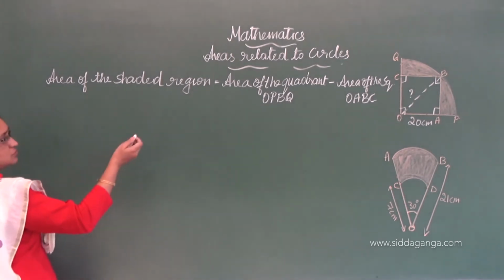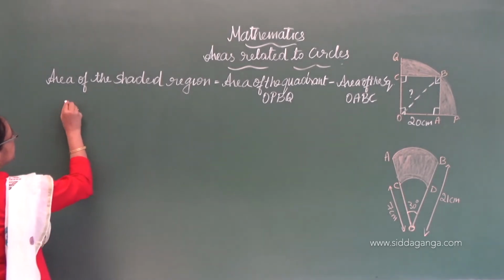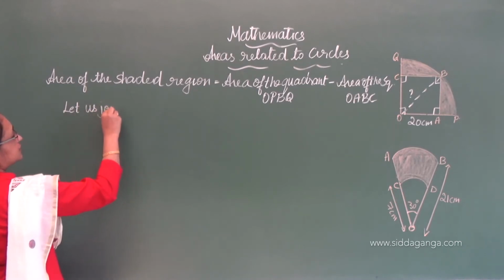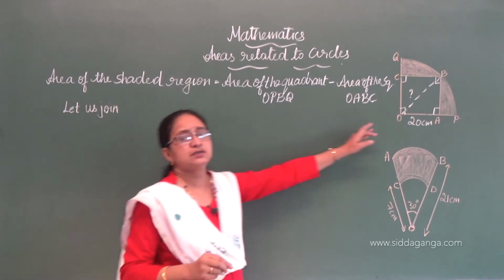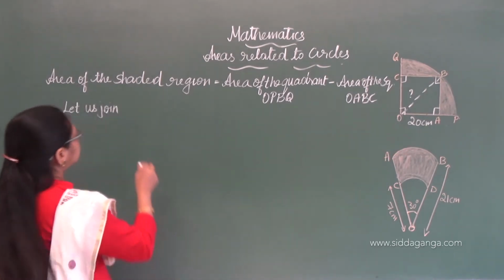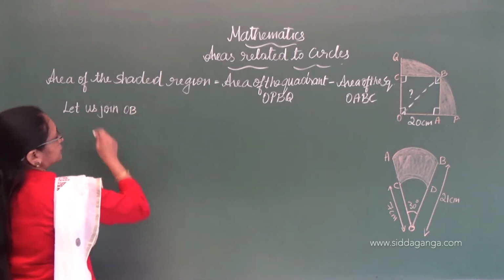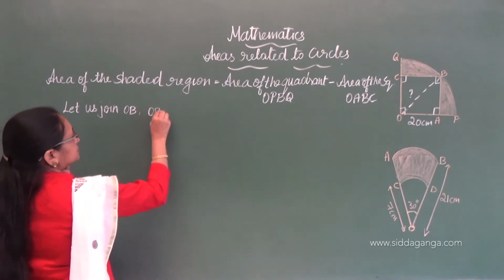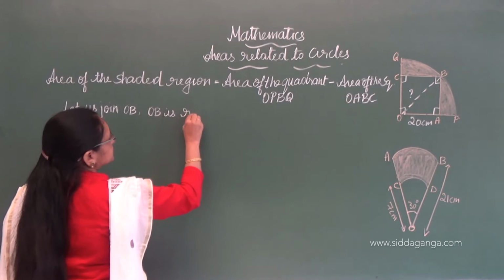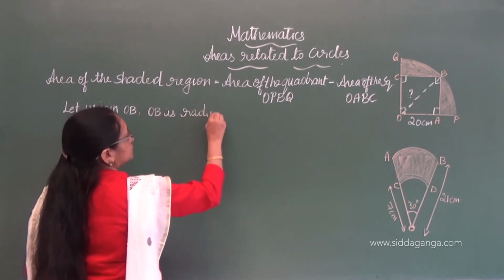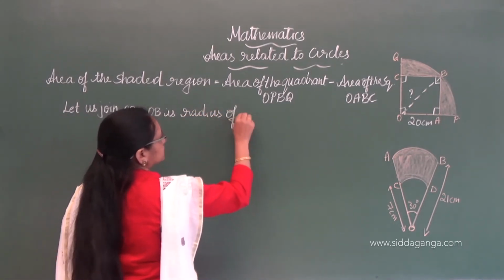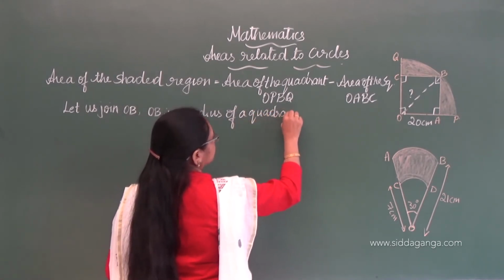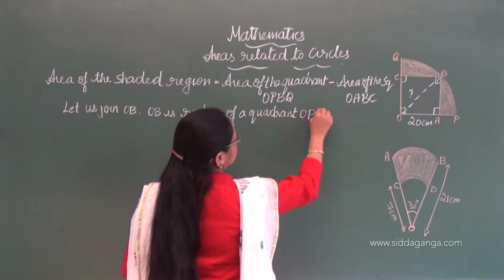So to find out, let us join, you have to write this and you have to show that in the diagram also. Let us join OB and OB is the radius of a quadrant OPBQ, correct?